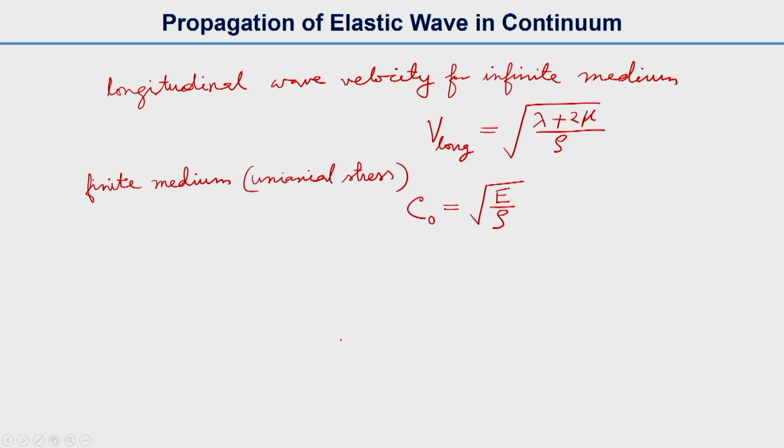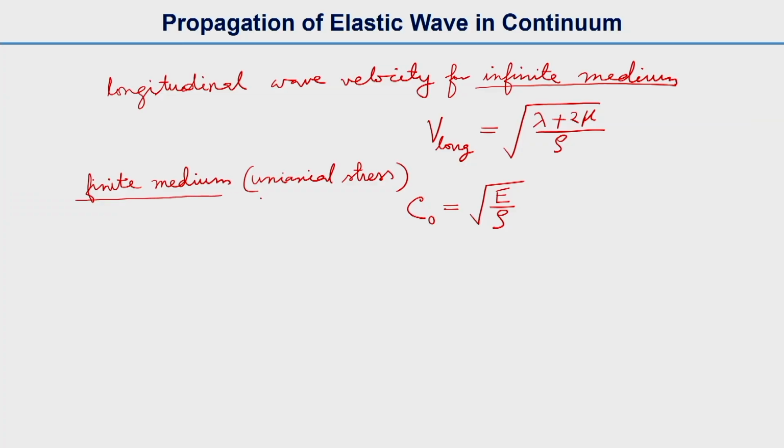Now, we want to know the similarity between these two wave velocities. The first one is for an infinite or unbounded medium, and the second one is for a finite medium, which is the case of a striking bar hitting a long cylindrical bar, that is the uniaxial stress case.